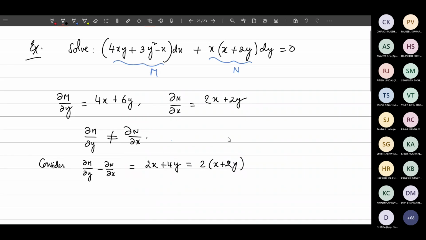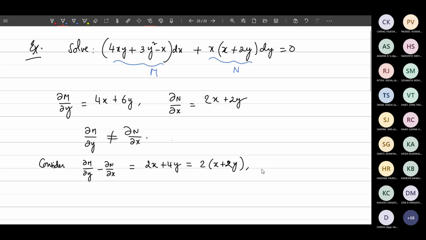Now if you look at this M and N, this is close to N, which you can directly imagine, because 2 times (x plus 2y), and N is x times (x plus 2y), the common factor for both is x plus 2y. So I can conclude that this is close to N compared to M, because M has other nonlinear terms, y squared, xy, with terms of degree 2, degree 1 and so on.